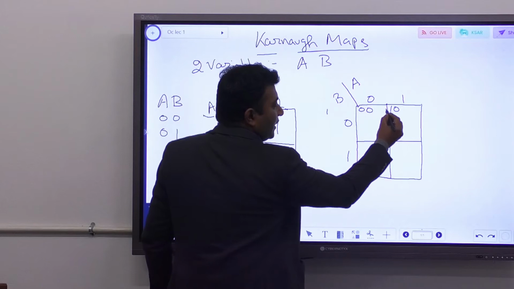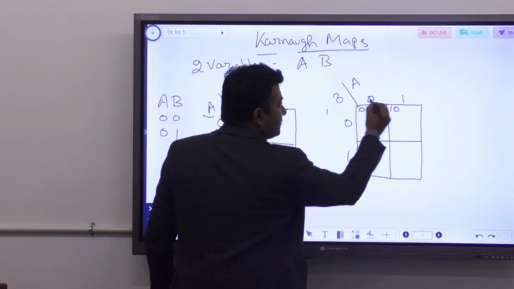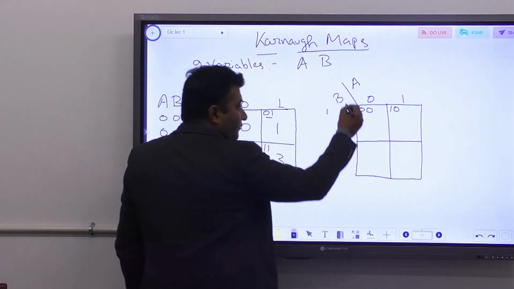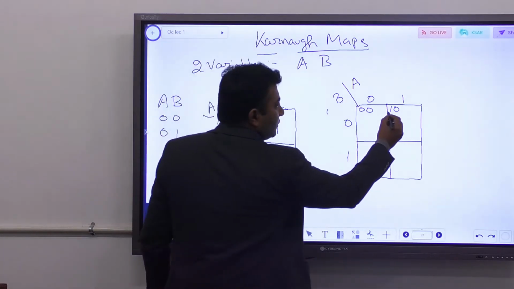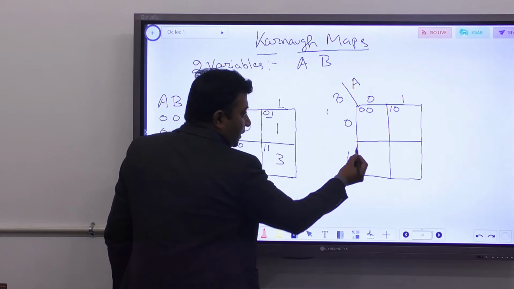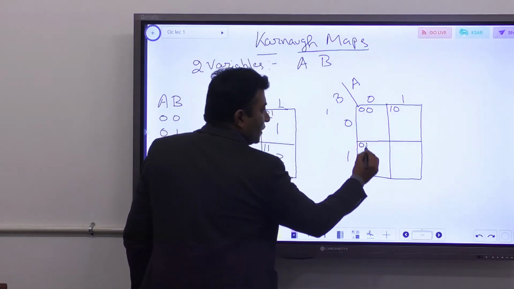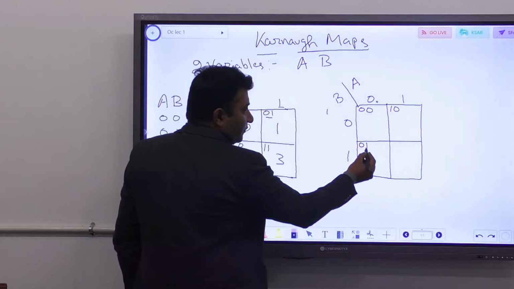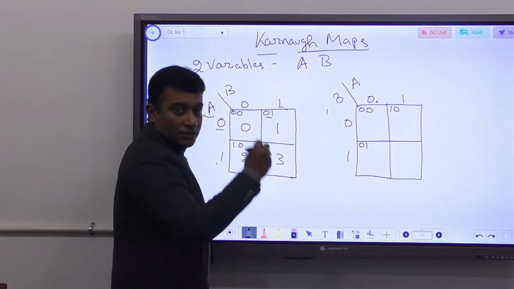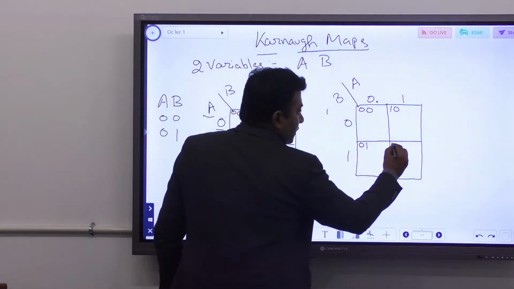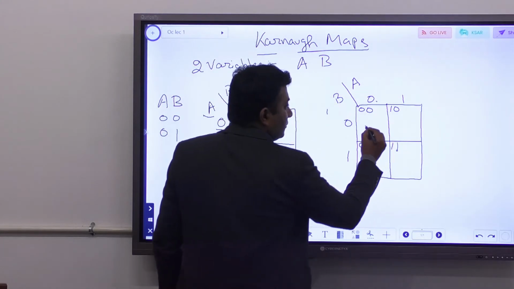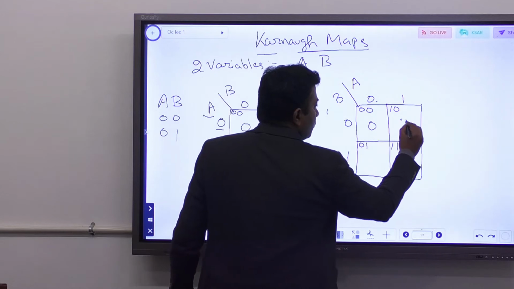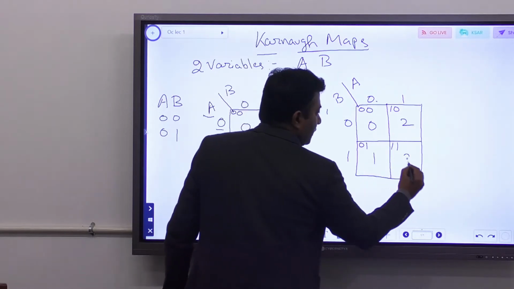So it would be written as 1, 0. First we will write the value of the row, and then we will write the value of the column. Here we will write it as 0, 1 because A comes first. We are taking 0 for A, and for B we are taking 1 which is the column value, and this would be 1, 1. So converting it into decimal, we would write it as 0, 2, 1 and 3.